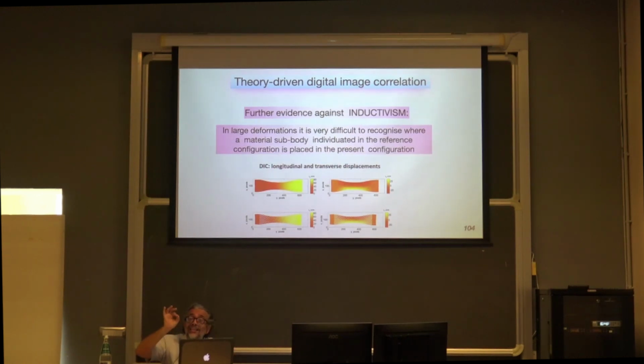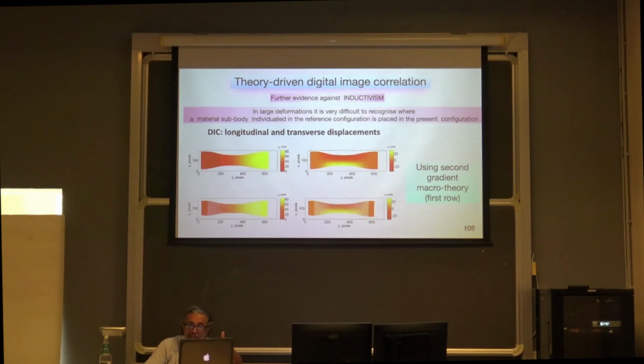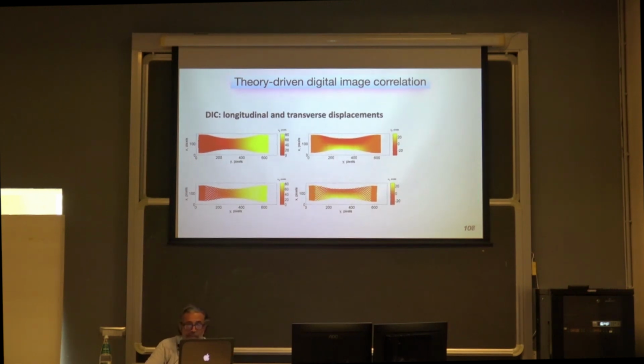So he directed his code to find a part of the specimen where the theory was predicting it had to be. And look, using second gradient, first row, or first gradient microtheory, second row, you need a lot more calculations.